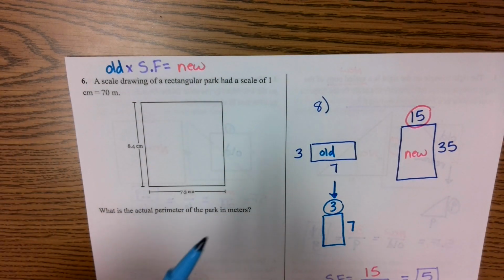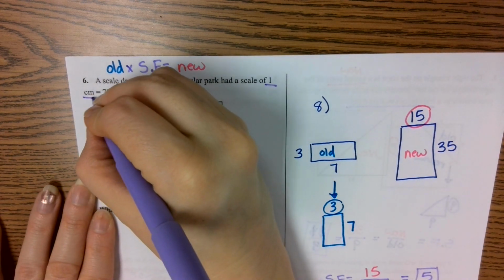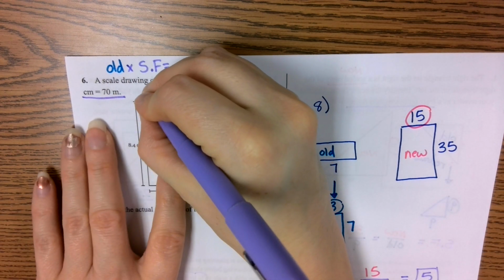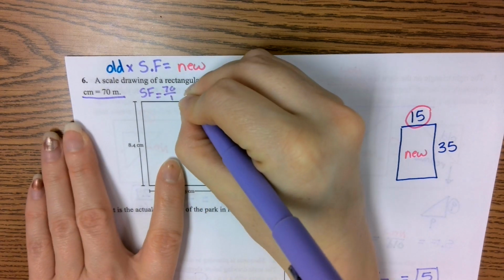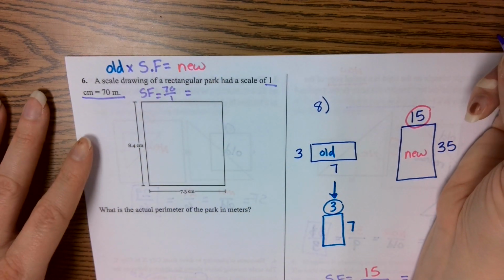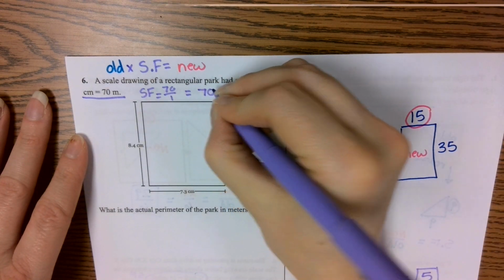And I know my scale factor already. 1 centimeter equals 70 meters. That means my scale factor is 70 over 1. What's 70 over 1? 70, right? 70 over 1 is just 70.